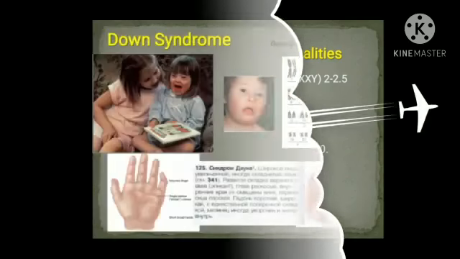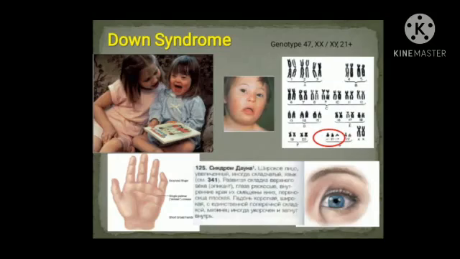Look at this picture, and we can see Down syndrome. The genotype is 47, XX or XY, woman or man, 21 plus, or trisomy for chromosome 21. In the picture you can see the notes on the 21 pair.